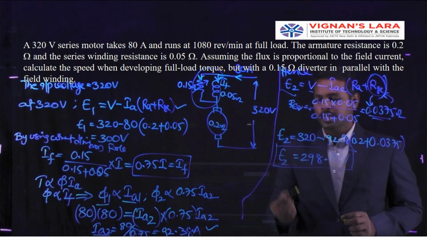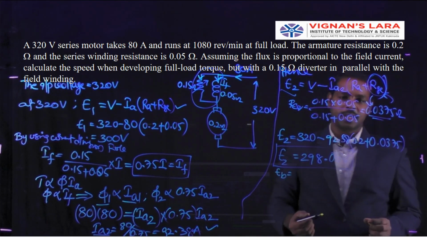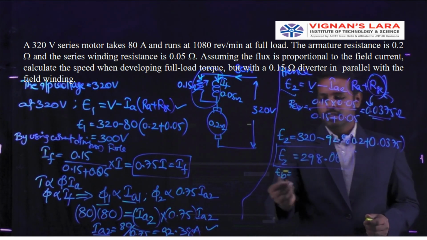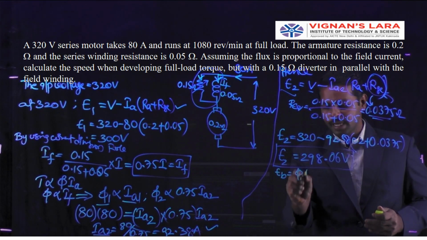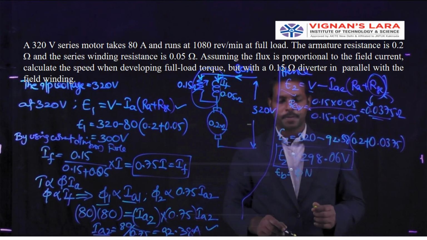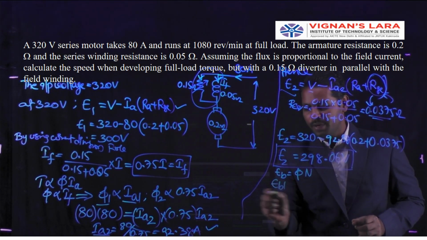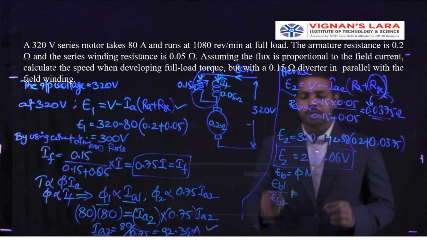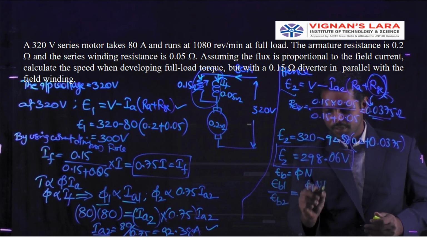So all of you know the general back EMF equation: Eb is equal to Z phi N by 60 into P by A. In that equation, all the remaining parameters are constant except flux and speed. So EB1 divided by EB2 is equal to phi 1 N1 divided by phi 2 N2.